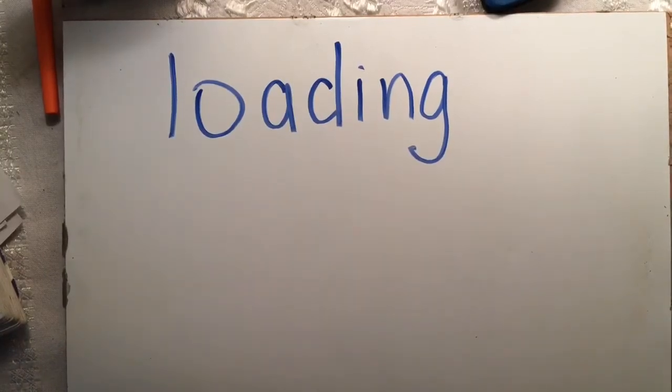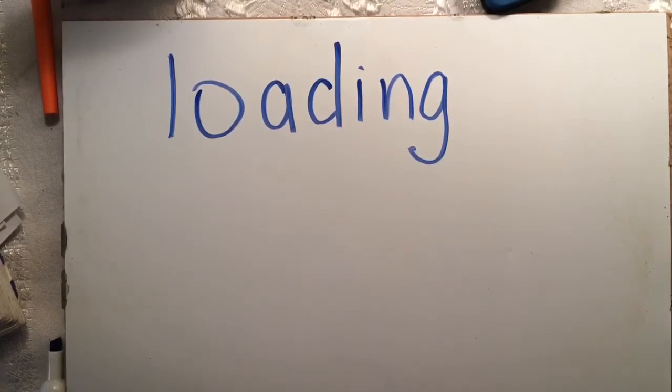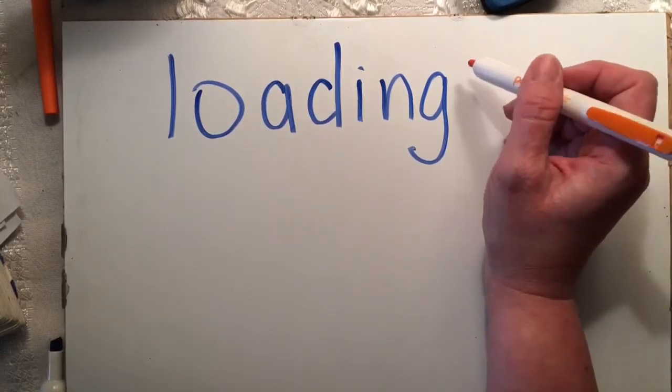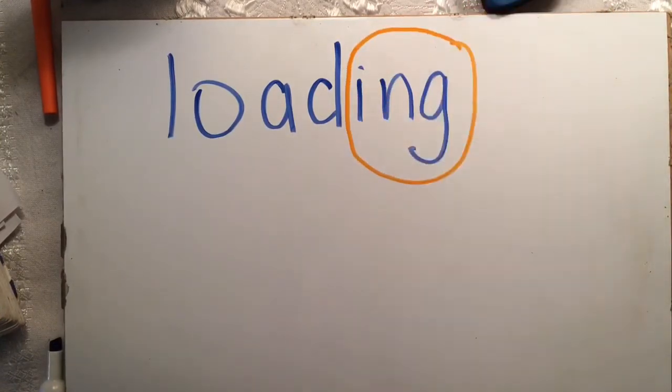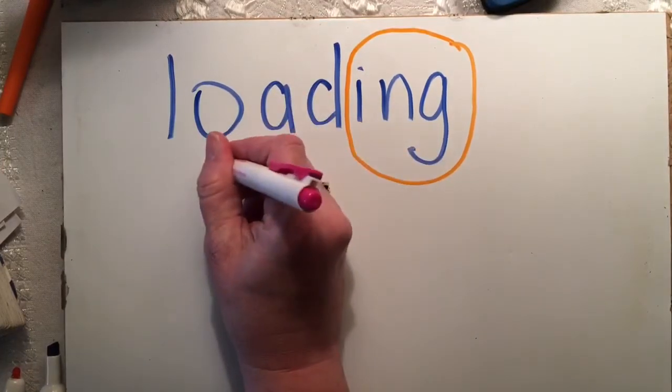All right, let's go back to this word. We looked at it once, loading. But we're going to divide this peanut butter and jelly word into different parts. So let's find the frosting or the fluff part first. Put a circle around the frosting and pretend that it's in a bowl. I circle my ing. Then I'm going to look for my vowel pattern. My vowel pattern is my OA.